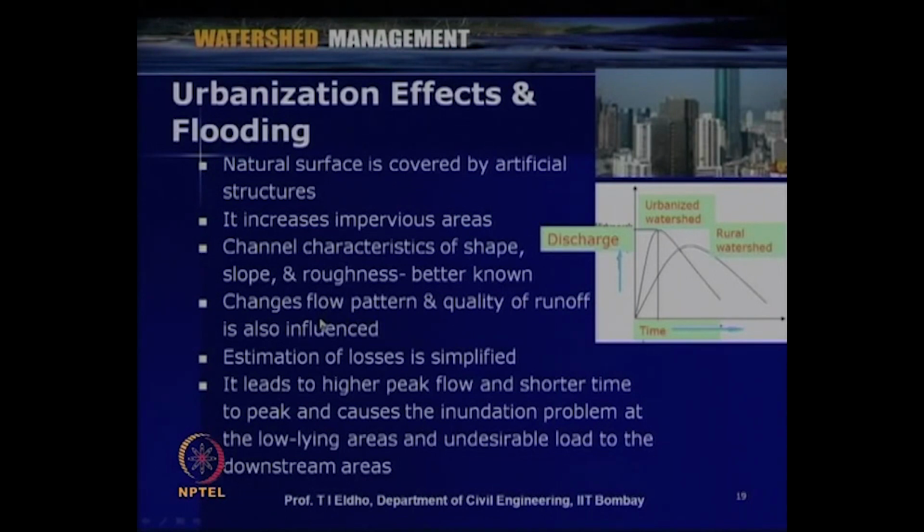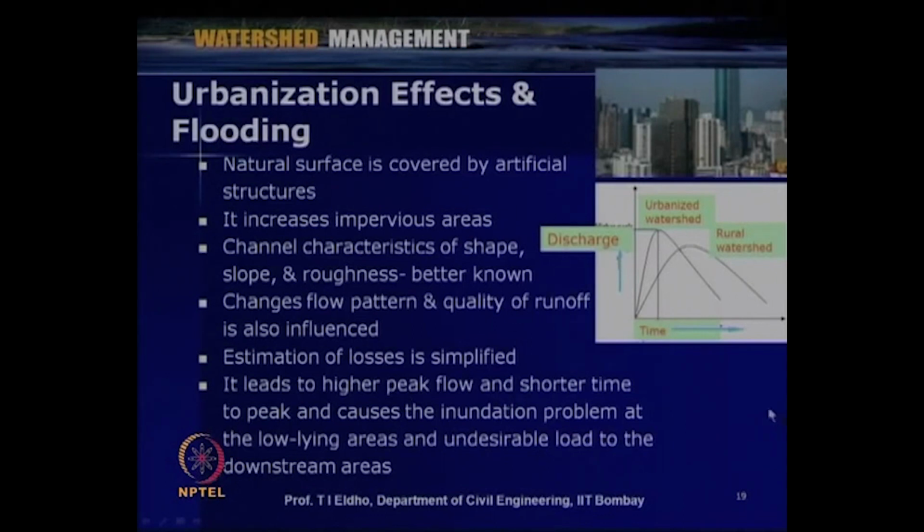There will be changes in flow pattern, and the quality of runoff will also be influenced. Infiltration losses we can sometimes neglect, so estimation of losses becomes simplified. But this may lead to higher peak flow and shorter time to peak, and cause flooding at the low lying areas and undesirable load to the downstream areas.